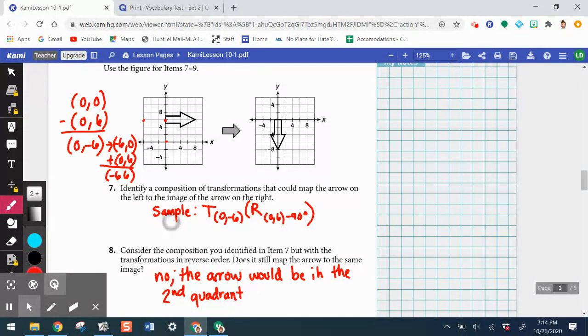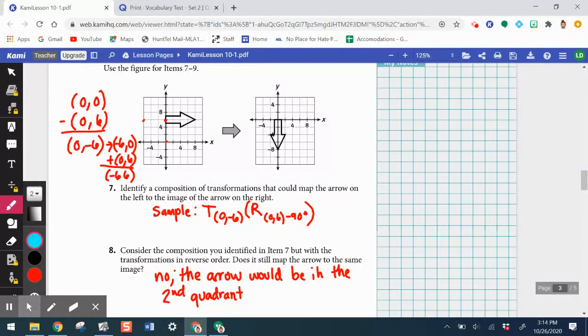So notice on item 7, I said sample, because there's really multiple transformations that we could actually do to map this arrow in this coordinate plane to where it ends up in this coordinate plane. So I said, for starters, remember we start with the inside parentheses, rotate 90 degrees clockwise about the point 0, 6.